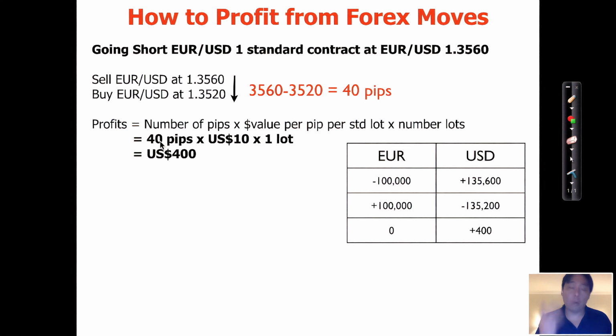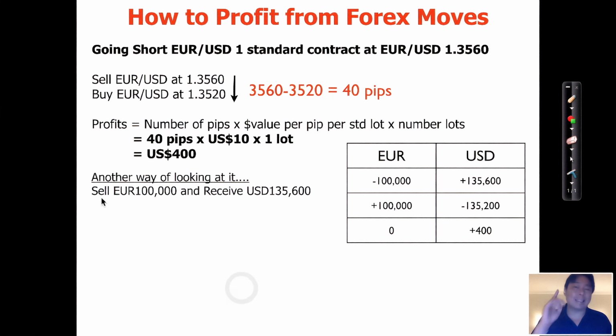Number of pips, which is 40, multiplied by the dollar value per pip, which is $10 for this pair, multiplied by one lot. If you bought two lots, we times two. So we get 400 US dollars. Another way of looking at it is that we started by selling 100,000 euros and received $135,600.